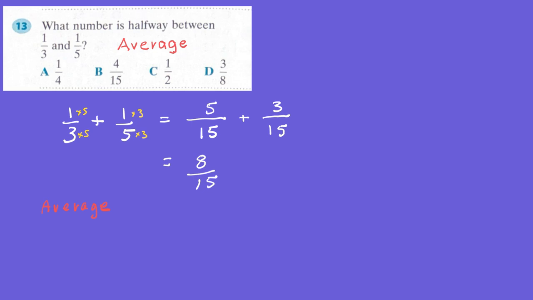So we will now write 8/15 divided by 2. And 2 can be written as 2/1, so that now you have two fractions. So how do you divide the two fractions? You keep the first one as it is, so keep me as I am, so it's 8/15.